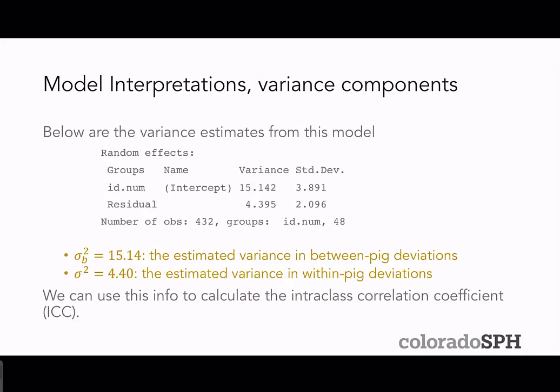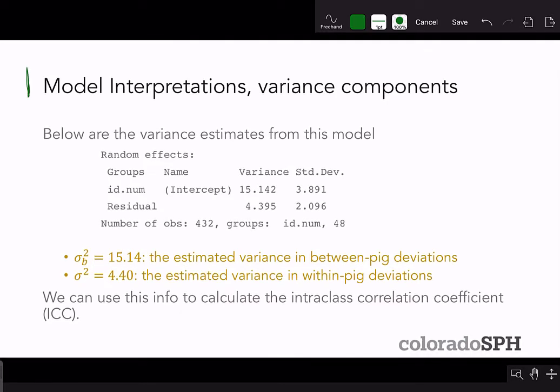Random effects models are extra useful because they can partition the variance into the between-subject variance and within-subject variance. So it's good to look at the variance components as well. The random effects output gives those variances.